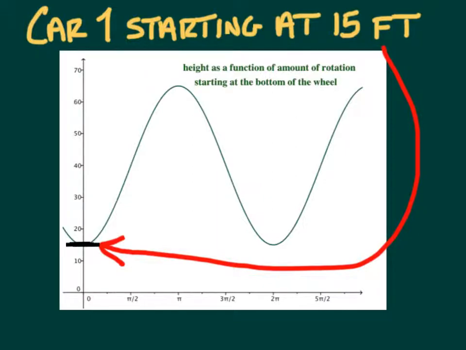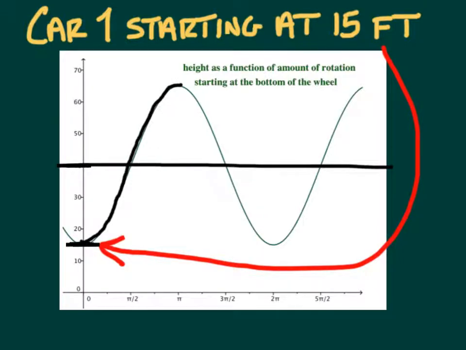That's the lowest the car can get, because there's a platform there that prevents that car from going any lower. It will still go on up, and then up to 65. If it goes up 25 feet, it's made it to the midline, and if it goes up another 25, it's made it to the very top, which is 65.